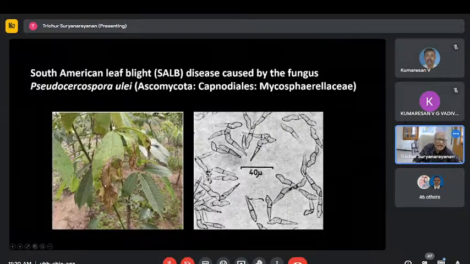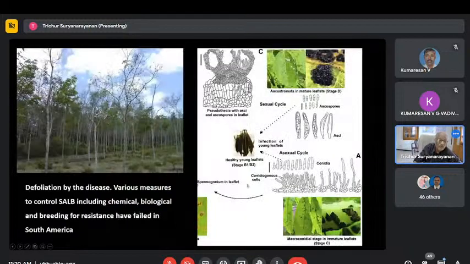You can see the damaged leaf here, and these are the conidia. It also reproduces sexually. When they try to grow rubber in plantations, you see all the defoliation. There are no leaves, and soon the tree would die. After the death, there is no production of latex.